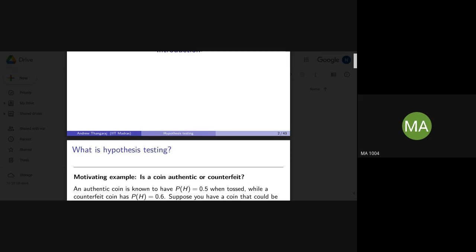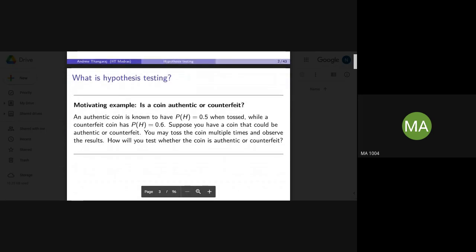In Bayesian estimation, the parameter is a random variable and we are trying to estimate that. Similarly, in hypothesis testing, we check a hypothesis. We have some belief about a situation and we want to check whether this is true or not. For example, here you have to check is a coin authentic or counterfeit.